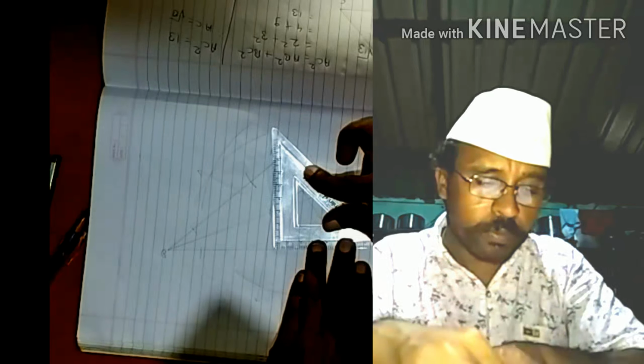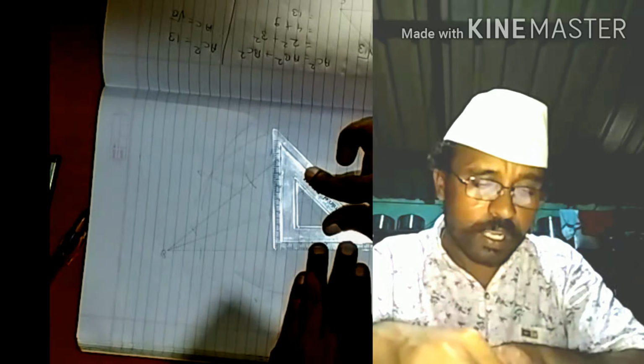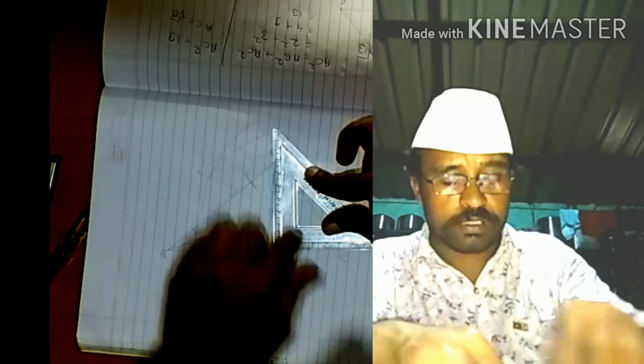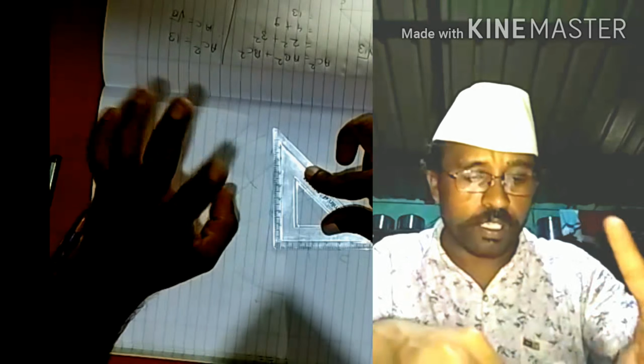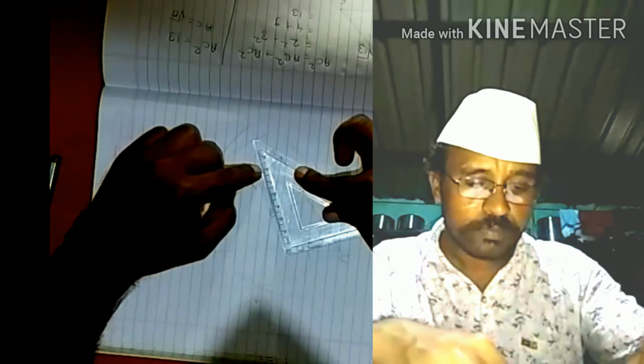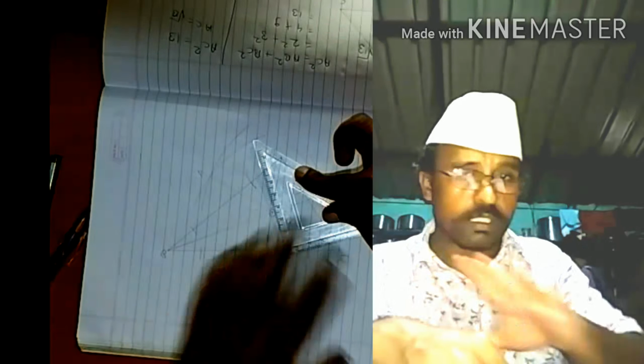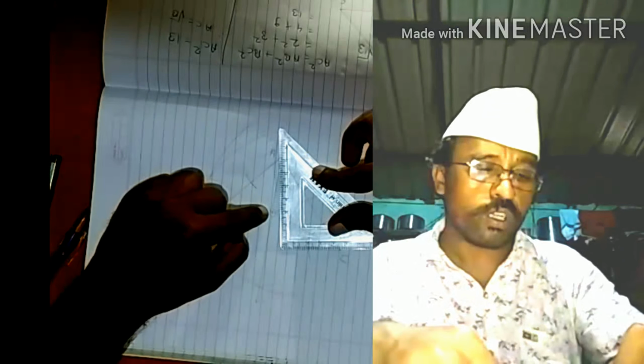Now at this point it should be such that its base is touching the side and the height is touching that point. It should not happen that only the height is touching and the base is not aligned to the side. It's wrong. Or it should not happen that the base is aligned properly but the height is not touching this point.